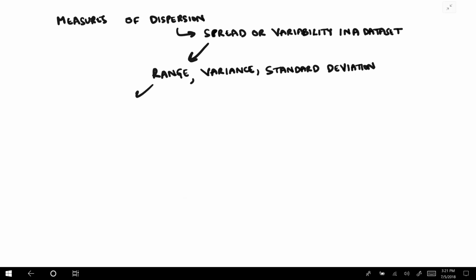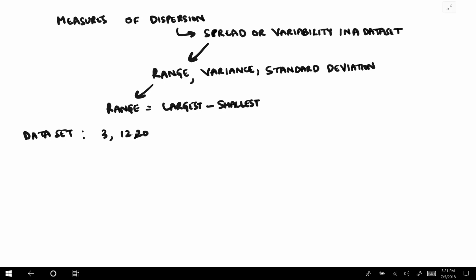So range is largest value minus smallest value. For example, if we have a data set 3, 12, 20, 15, 0.